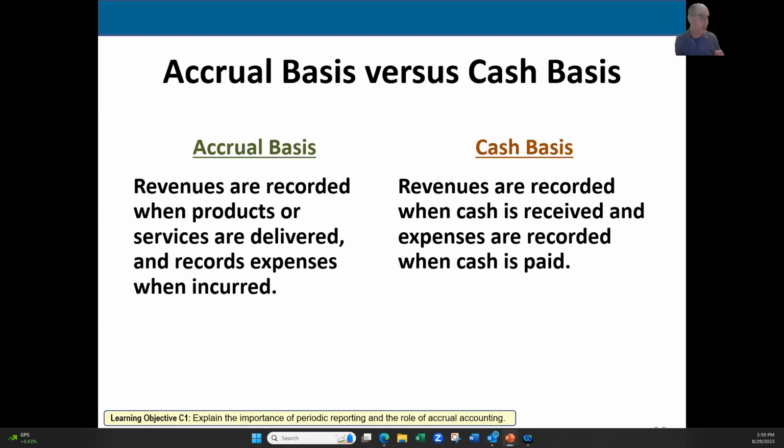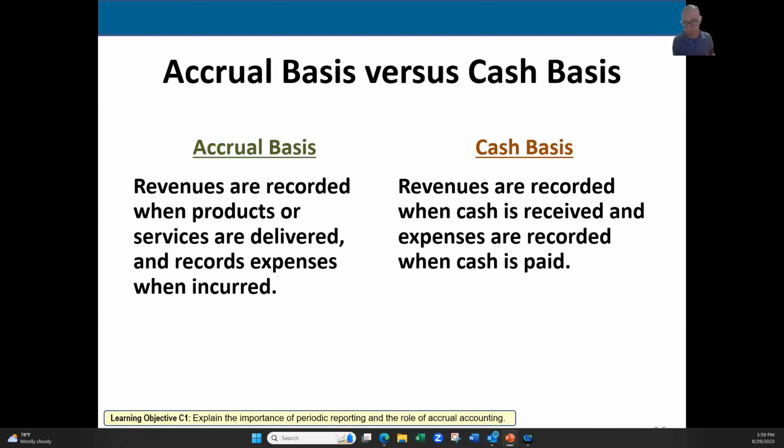Cash-based accounting, when the customer pays me, let's say they're paying their account receivable or they're paying me over the counter, I recognize the sale when I receive the cash, not necessarily when I made the sale. Example of this. Let's say I sold a product to a customer in the month of August, and today is September 1st.